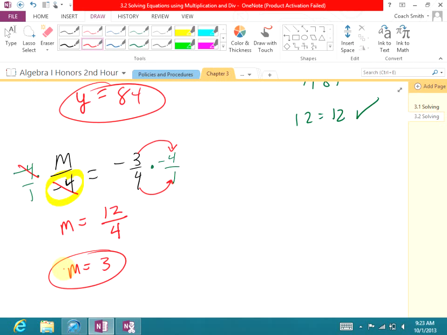Yeah, if you can see the cross canceling here, you can cancel those out. Remember, the reason it's positive is because I've got two negative signs. Two negatives multiplied together.